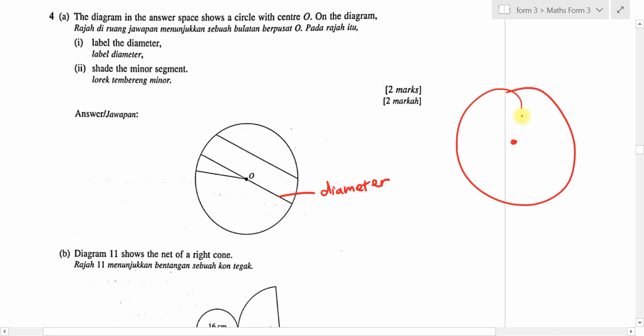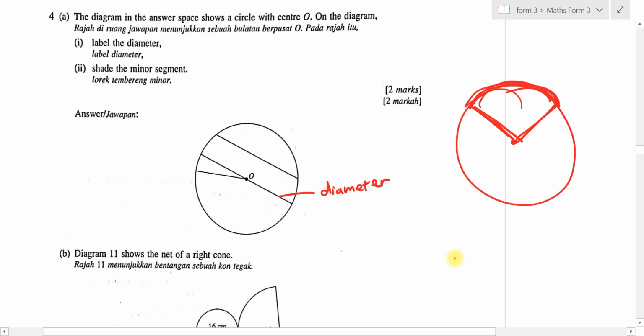What is the difference between a sector and a segment? A sector must have two radii accompanied by an arc. Two radii and an arc will form a sector.